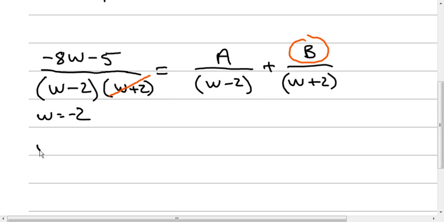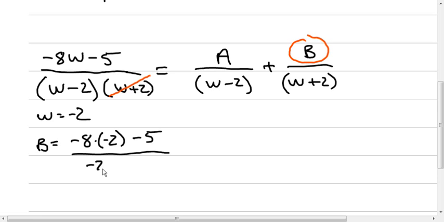So we get B is equal to minus 8 times quantity minus 2 minus 5, all divided by minus 2 minus 2.